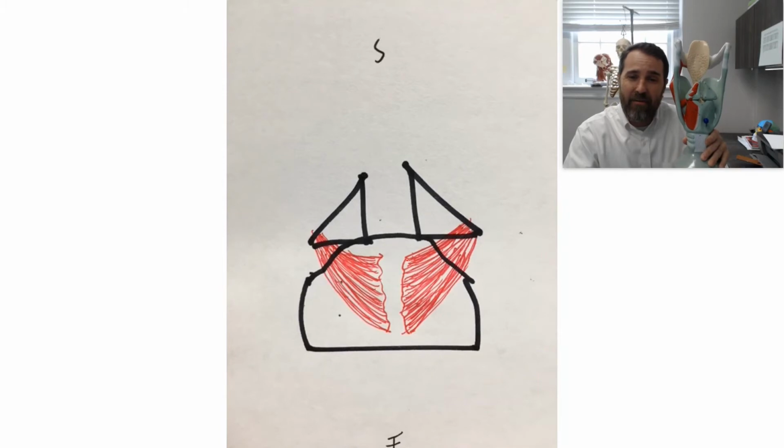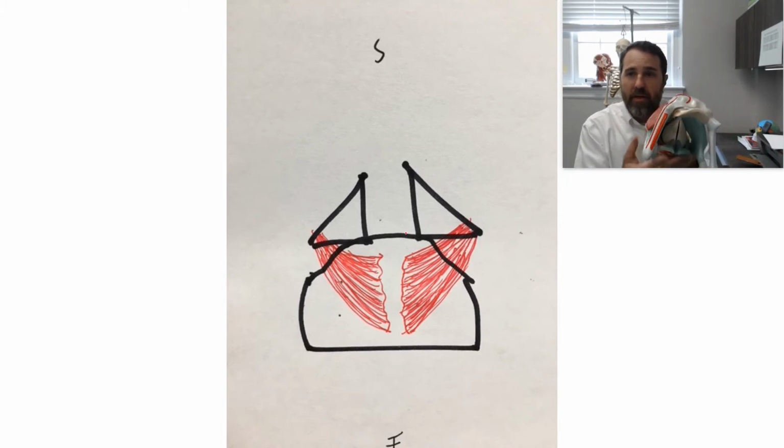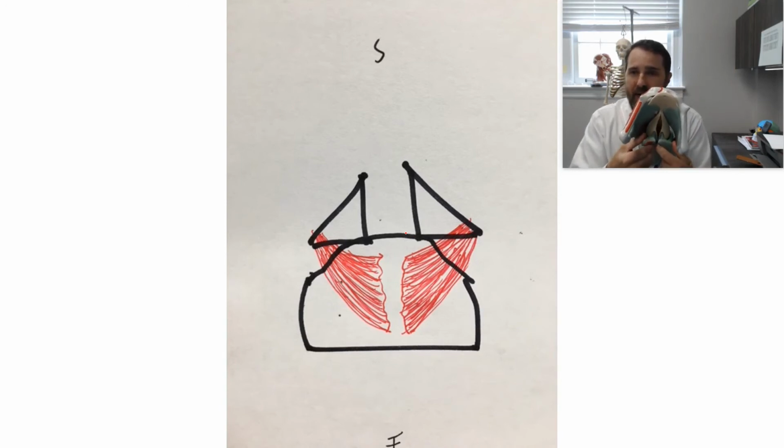Here is a view of the posterior cricoarytenoid muscle from this angle. So this is the muscle that we talked about. When it contracts, it rotates the vocal folds like this, abducting the vocal folds.